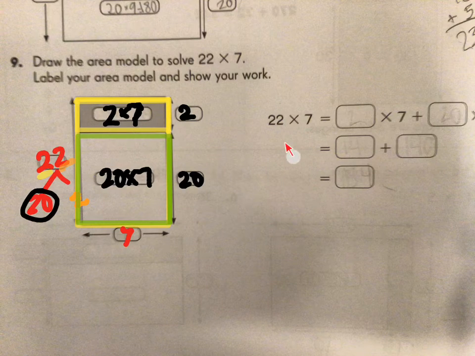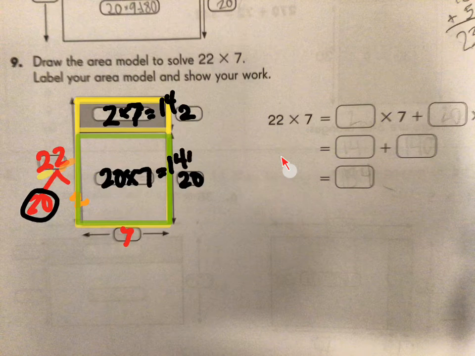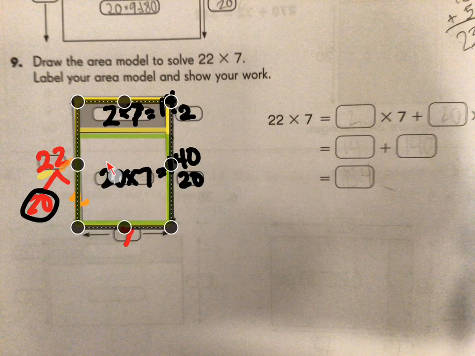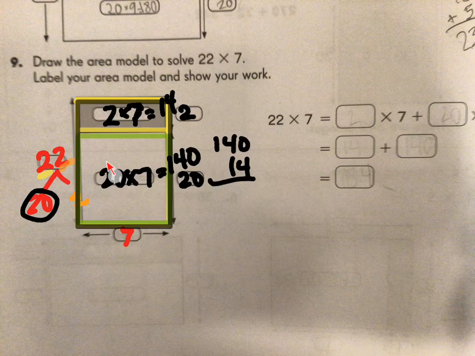So let's look at how this translates to solve. We know that 2 times 7 is 14, and 20 times 7 is 140, because 2 times 7 is 14. I have 1 ten in my factor, so I need 1 ten in my product. If I combine these two parts, it's going to give me the measurement of the whole area. So 14 plus 140 is 154.